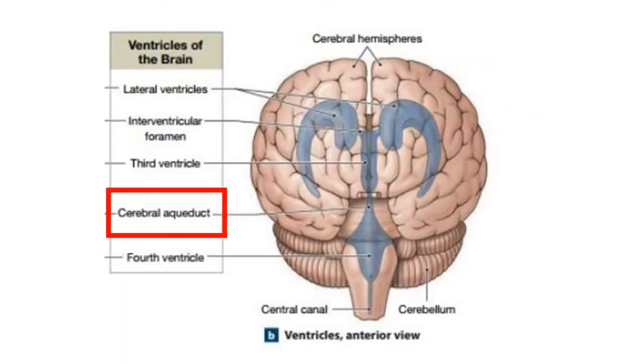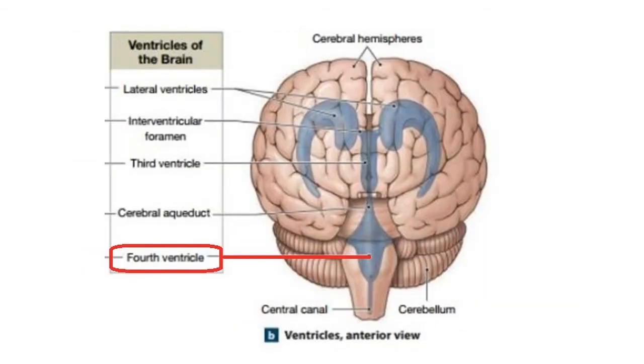Now the third ventricle connects to the fourth ventricle via the cerebral aqueduct. We looked at the cerebral aqueduct when we were studying the midbrain. The fourth ventricle continues as the central canal in the spinal cord.